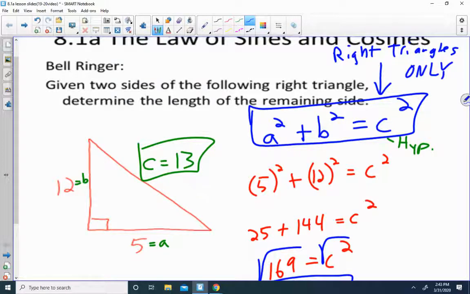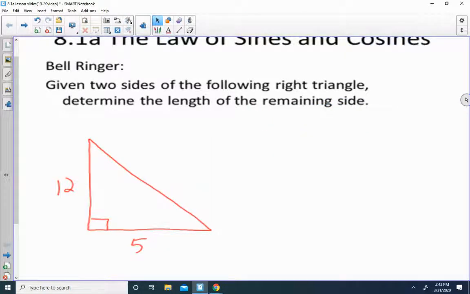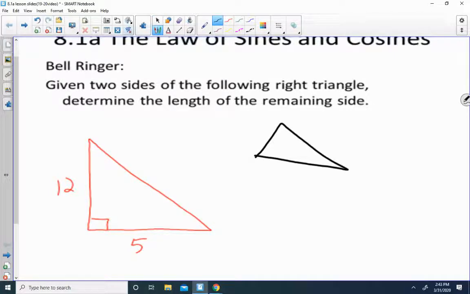So in other words, the only reason we are allowed to use the Pythagorean theorem is because our triangle had a 90-degree angle in it. What if, for example, I gave you a triangle that was like this? And let's say these 3 angles, none of them were 90 degrees. If we don't have a single 90-degree angle, then I can't use it.